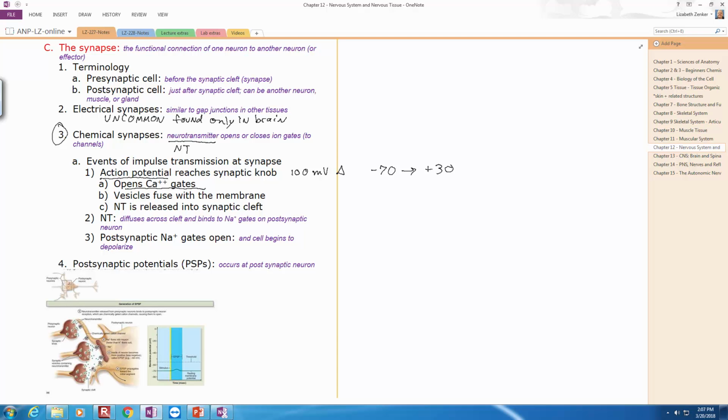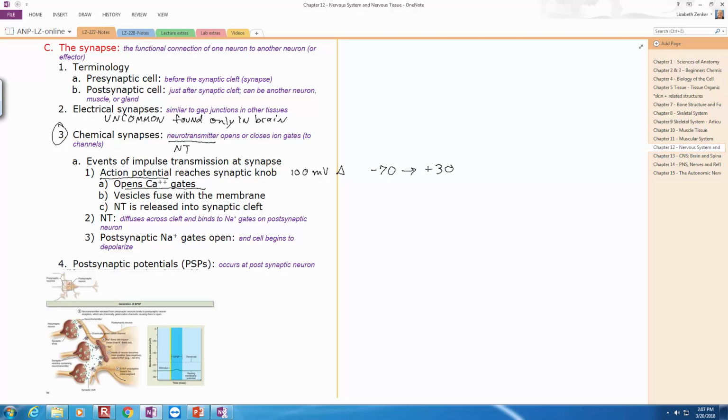And neurotransmitter diffuses across the cleft and binds to sodium gates on the postsynaptic neuron. So on the skeletal muscle, it fused with the motor end plate, which then opened the sodium gates. In this case, they're actually touching the sodium gates, and that's what opens the gate to allow sodium then to come into the postsynaptic neuron soma or dendritic end. Okay, so postsynaptic sodium gates open and the cell begins to depolarize.